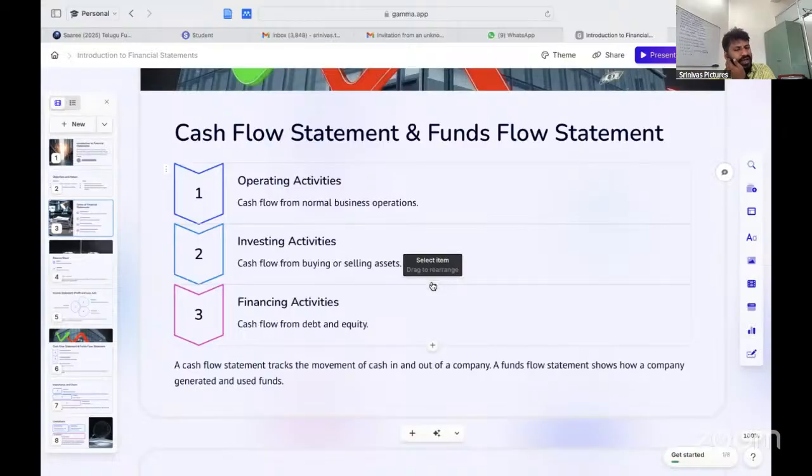Whatever amount you invested in an outside company is an outflow of cash. So every company engages in these three types of activities, and with the help of these three types of activities, we are able to find the movement of cash inflows and cash outflows.